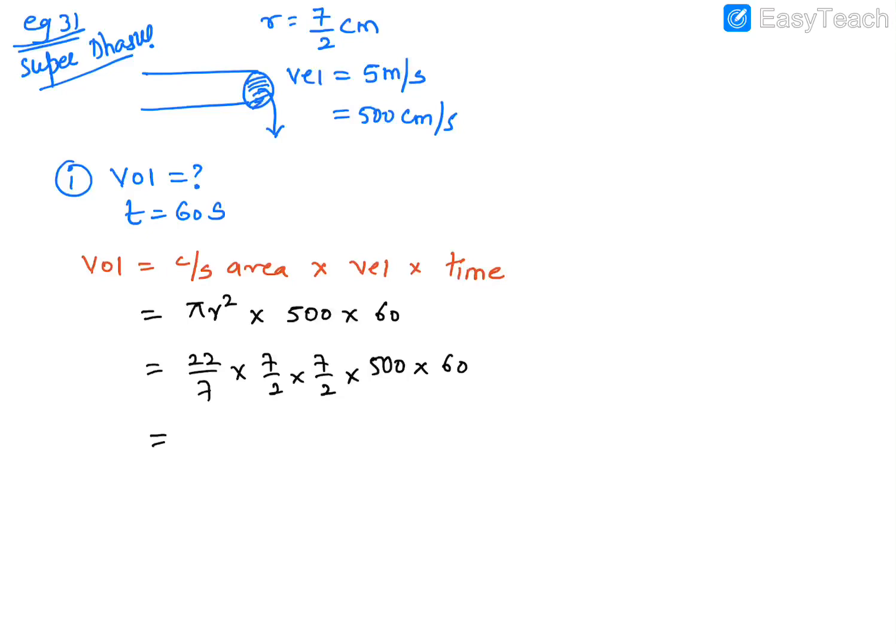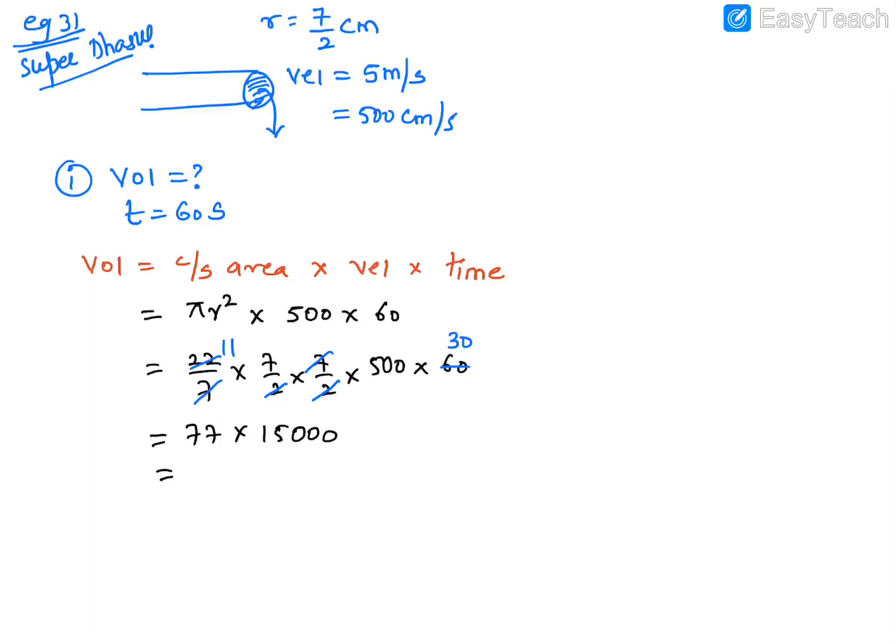Now cancel 7 7, 2 1s are 2, 2 30s are 60. Now what will be these numbers now? So 11 into 7, 77, into 15. 500 into 30 is what, 15,000.